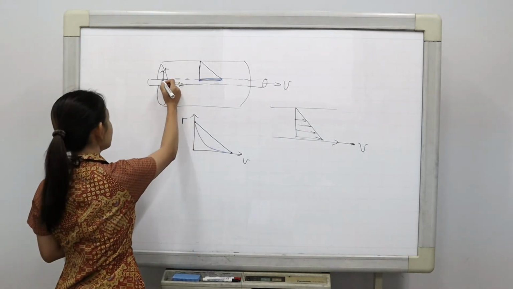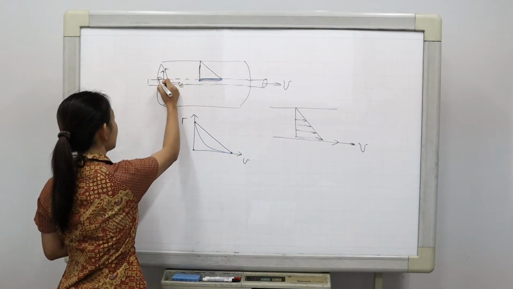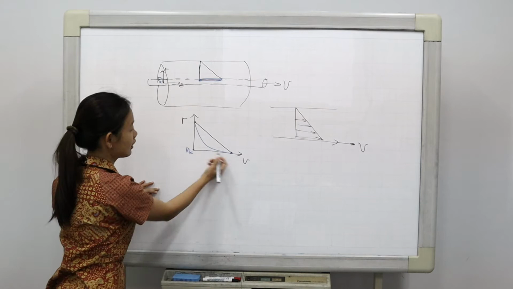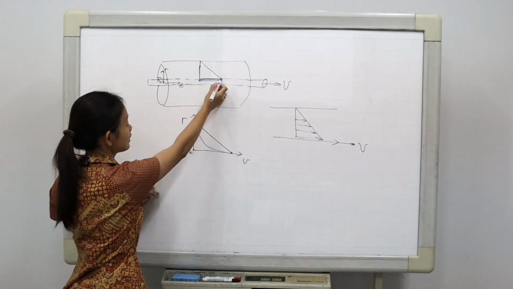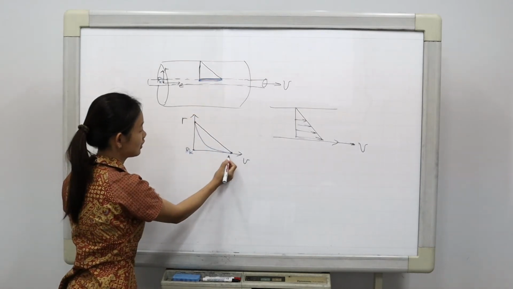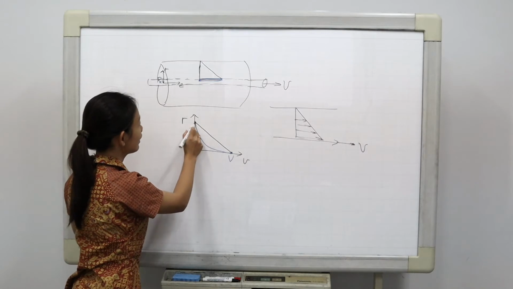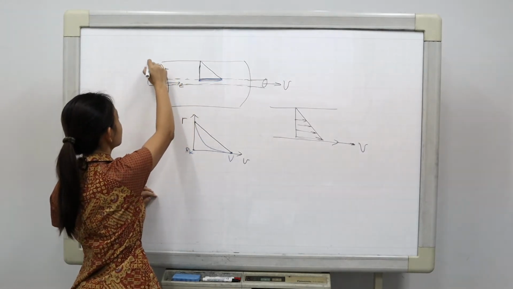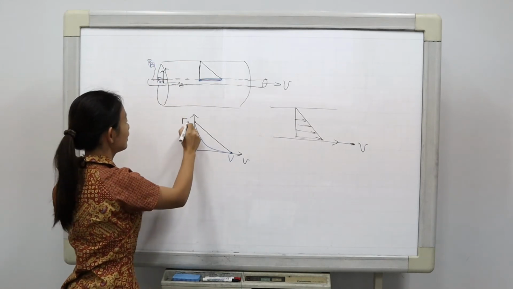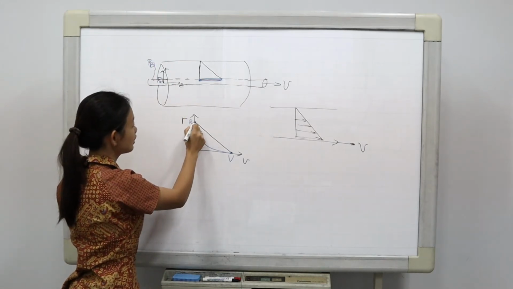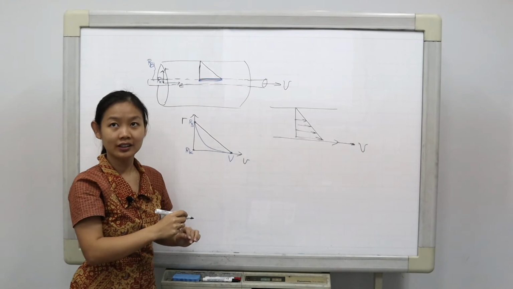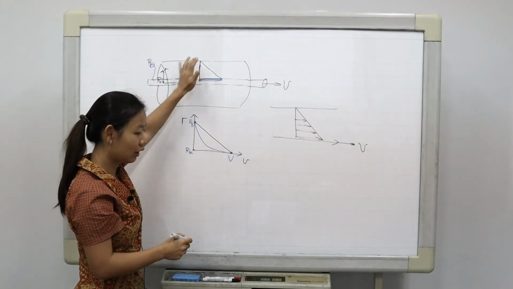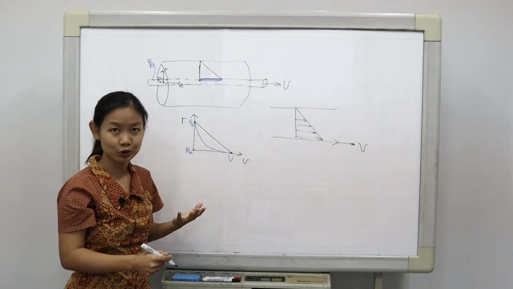Just say the inner radius is R_K. So at r equal to R_K, the velocity is the maximum velocity v. At r equal to, just say, R_B, the velocity is 0, because the outer cylinder is not in motion.